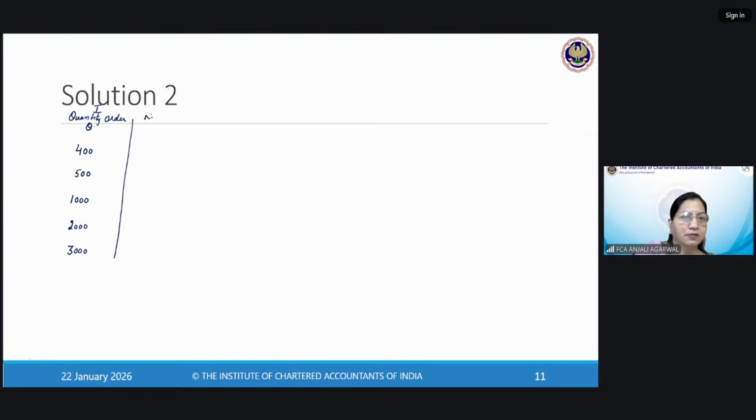Number of orders: annual consumption divided by quantity. That means 5,000 divided by 400.